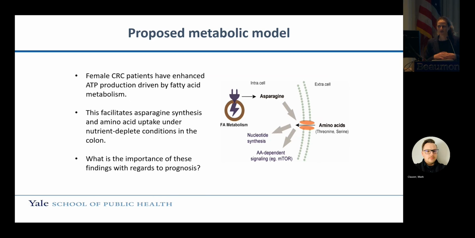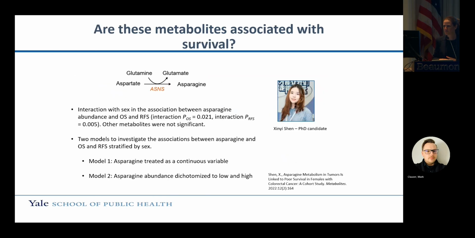When I'm talking about nutrient deplete, this sort of indicates advanced stage tumors where they may have more hypoxia, potentially less nutrients going to the tumor, and the tumor has to rewire its metabolism to sustain tumor growth. But we wanted to know what the importance of this really was in terms of prognosis of the patient, because at the moment these are just observational findings.